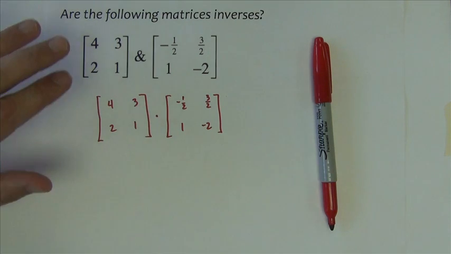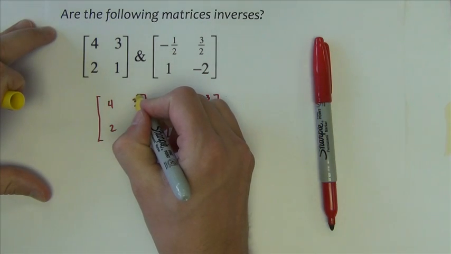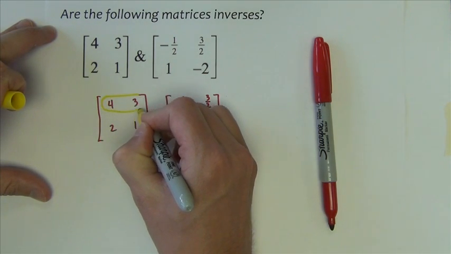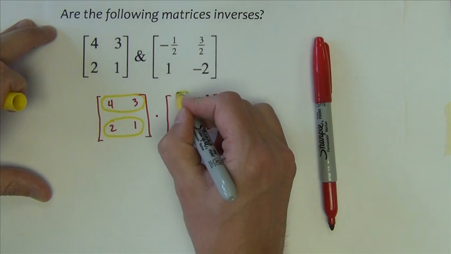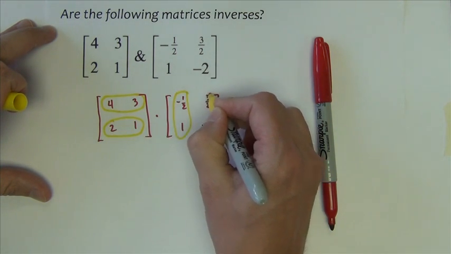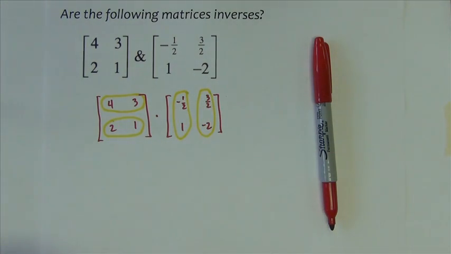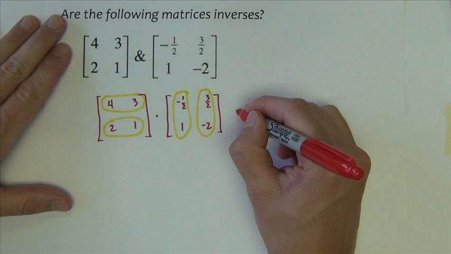And remember, when we multiply matrices together, we take rows on the left and columns on the right. So let's check and see.